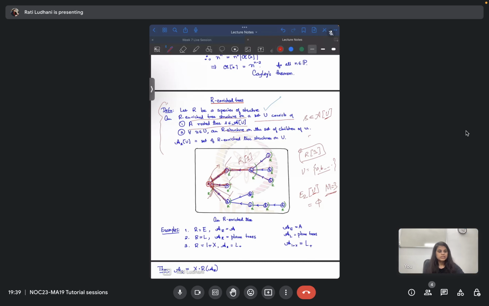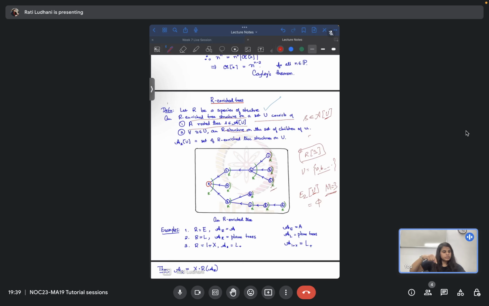So these are the requirements you should have. Is that clear? At the end, because this is a rooted tree, there are nodes with no children.